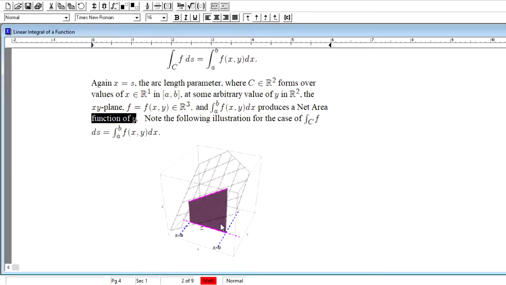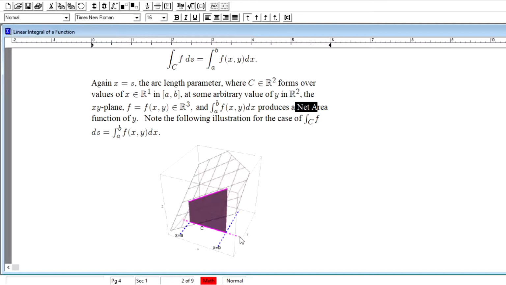That area of space has a net area in value corresponding to it. And that net area that corresponds to this region of space depends upon where this magenta line is occurring relative to y. Here I have this magenta line for curve C occurring at this arbitrary value of y, tracked here along this y-axis.